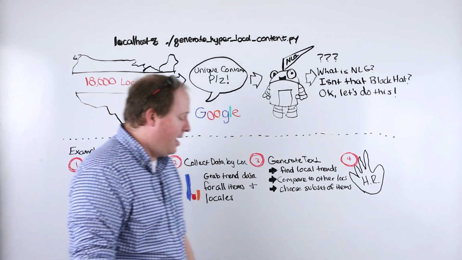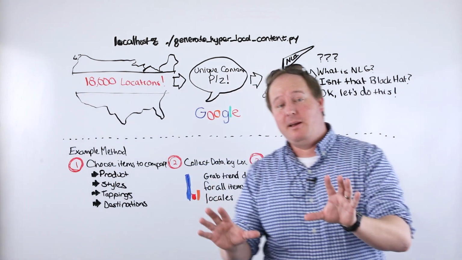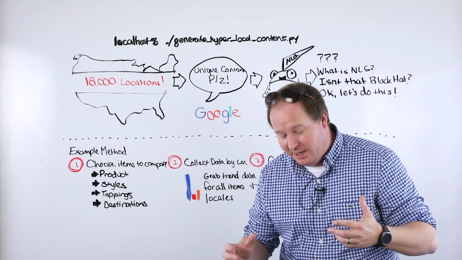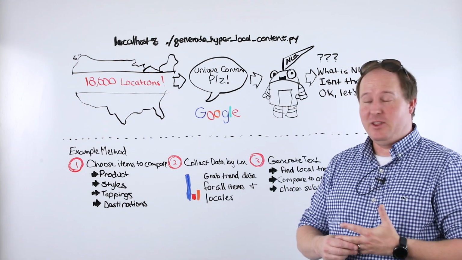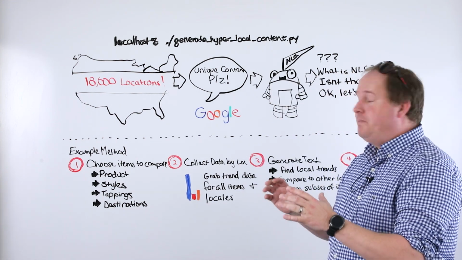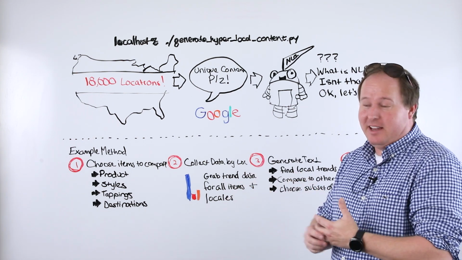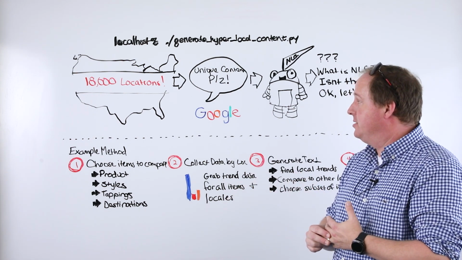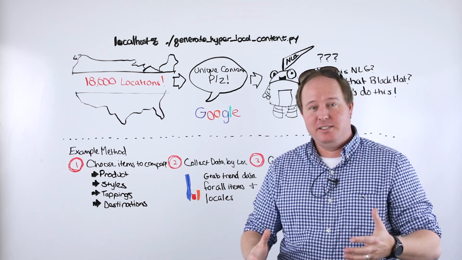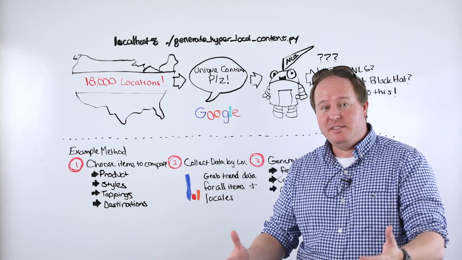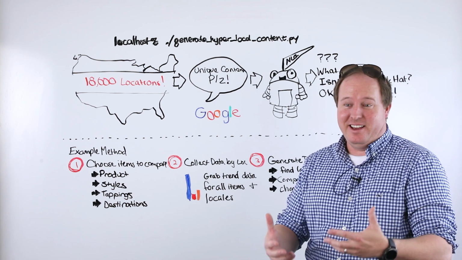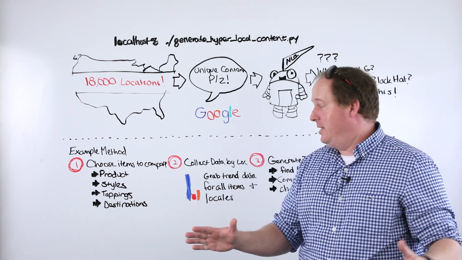So let's do this. Let's talk about probably what I believe to be the easiest methodology, and I call this the Google Trends method. Okay, so let's step back for a second and talk about this business that has 18,000 locations. Now, what do we know about this business? Well, businesses have a couple of things that are in common regardless of what industry they're in.